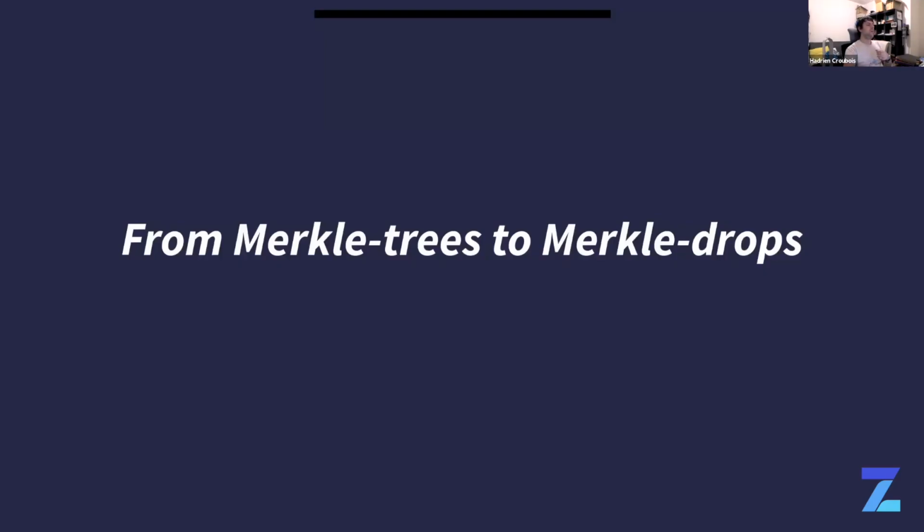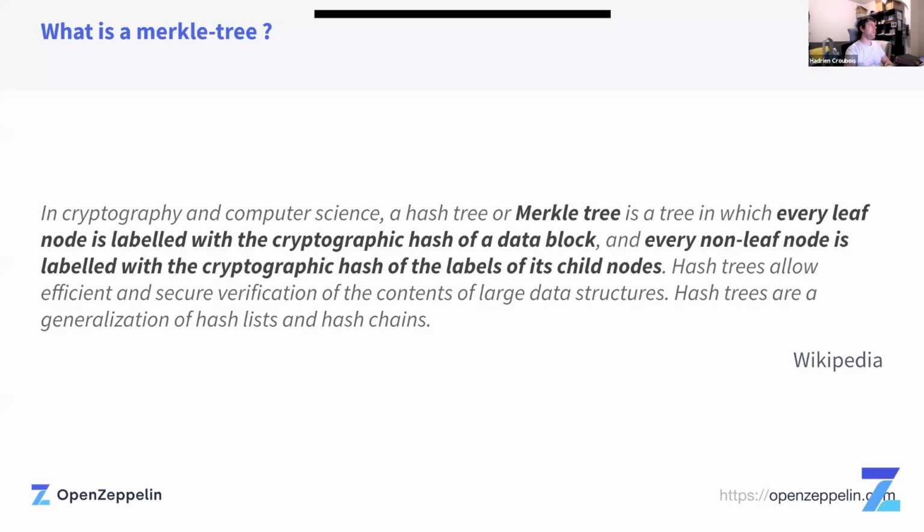And so what Merkle-trees are and how they are used to perform a Merkle drop is the core of this system. So if you don't know what a Merkle-tree is, and I'm assuming some of you at least won't know that, you can just go to Wikipedia and you will get a lot of information. But I think the core is in these two sentences.